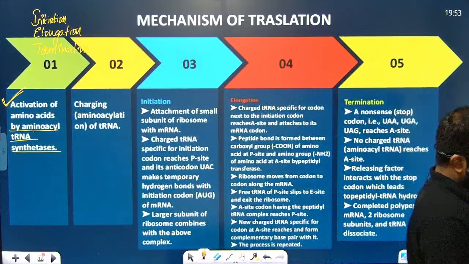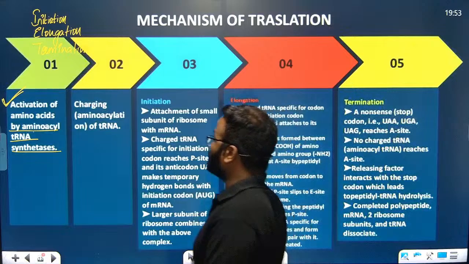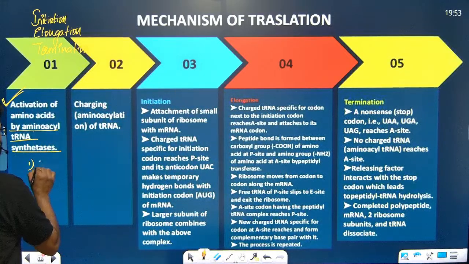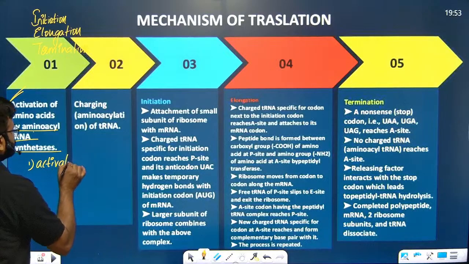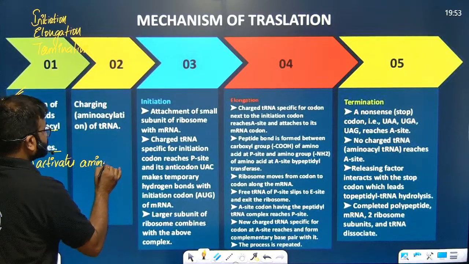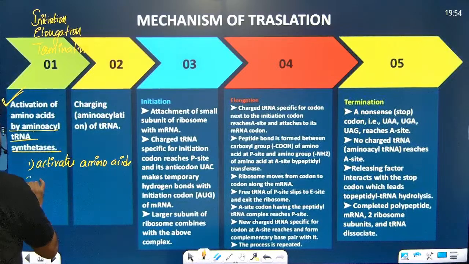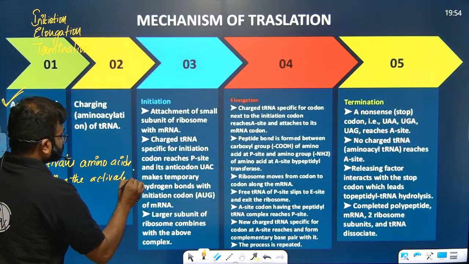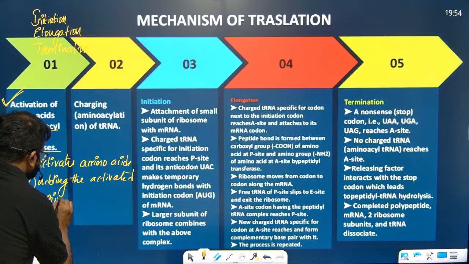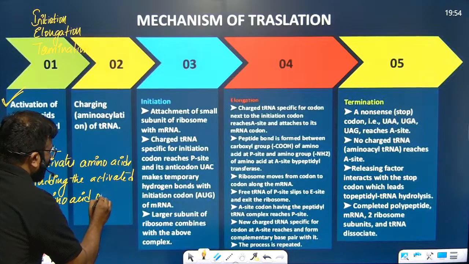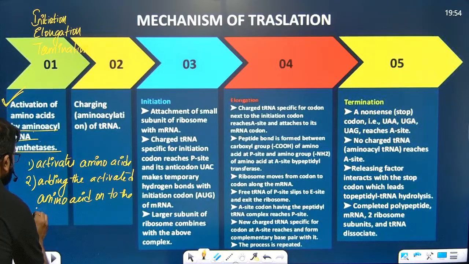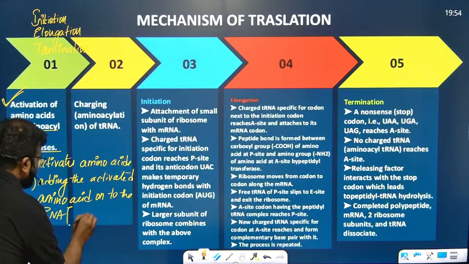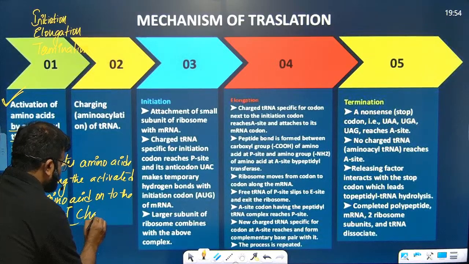Amino acyl tRNA synthetase is the enzyme which, first, activates the amino acids, and the second function that this enzyme carries out is adding the activated amino acid onto the tRNA. Thereby the tRNA becomes charged.